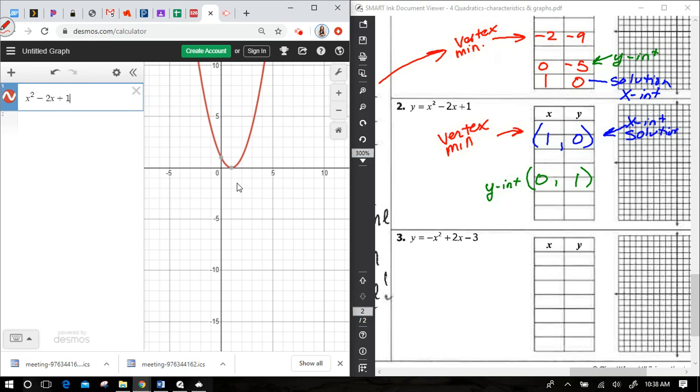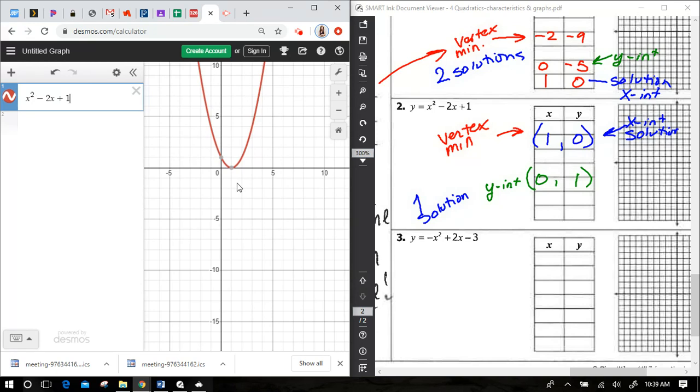So in this case, there were not 4 different points to find. The vertex and the one solution that I have are all wrapped up into one point. Okay, so this had one solution only. The last example had 2 solutions.